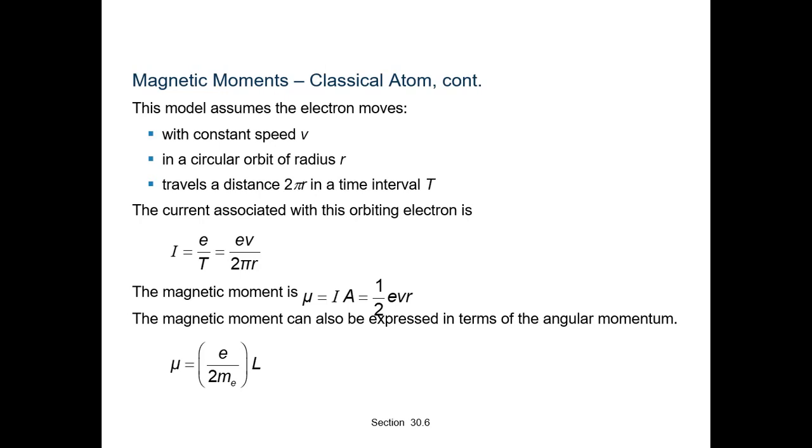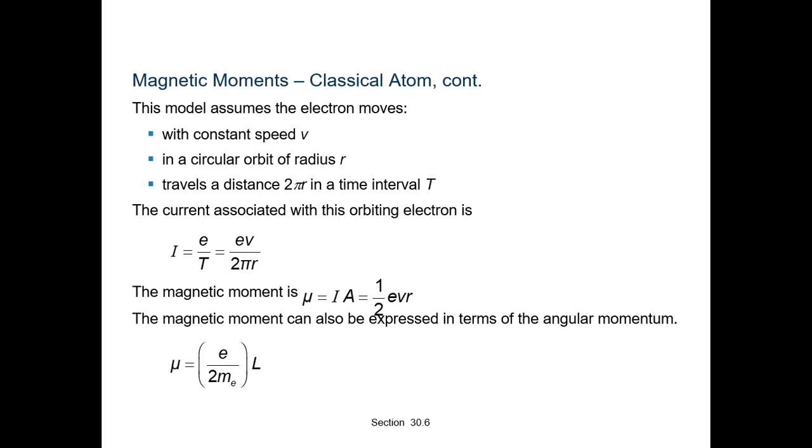Here it is mainly used to calculate the elementary dipole moment. Take the value of n equals 1. We have e h upon 4 pi m, so we get mu L minimum as 9.27 into 10 raised to minus 24 ampere meter square, where the subscript min stands for minimum.